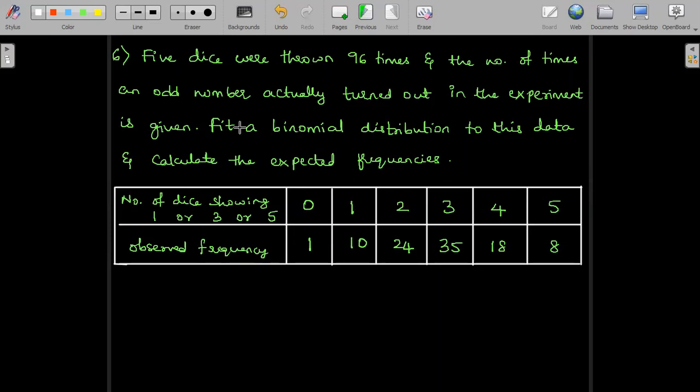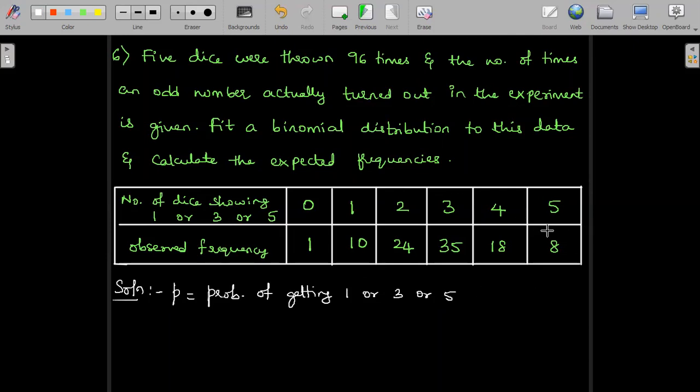So very firstly, in the solution, we can just first write down about P. So P stands for probability of getting 1 or 3 or 5 on the dice, for a single dice that we'll always think about.